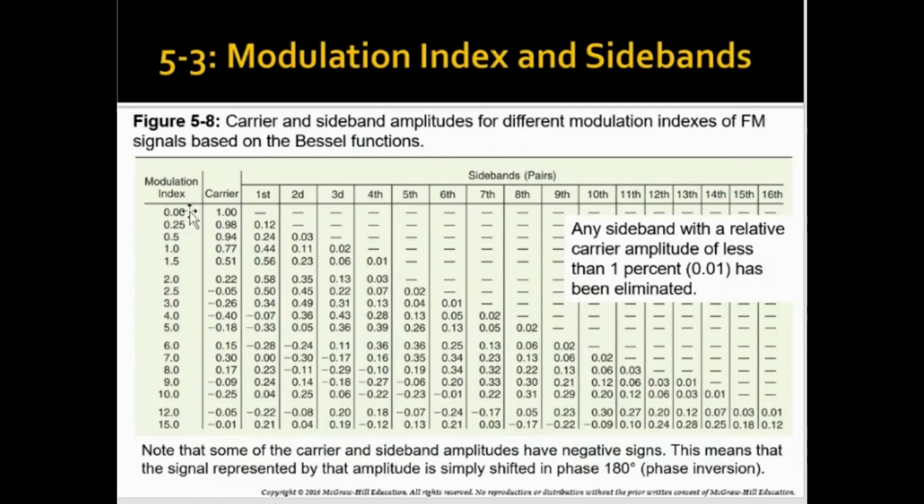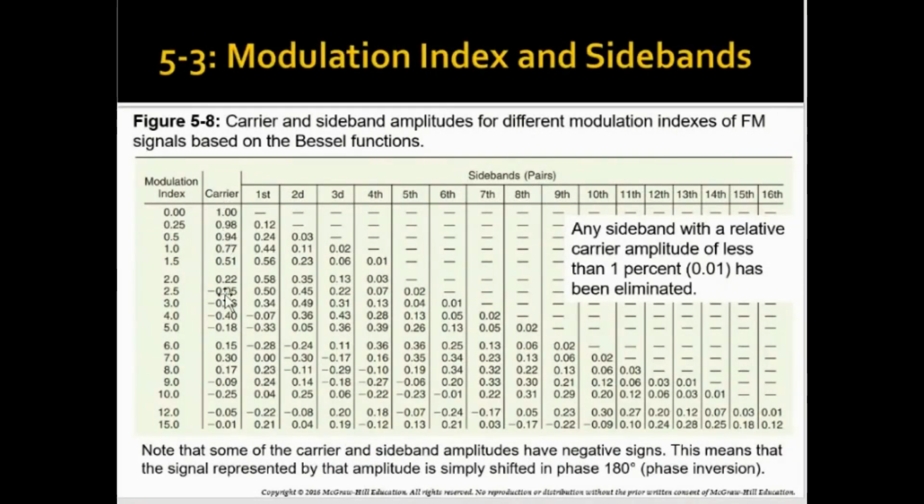So your modulation index keeps increasing from 0 to higher values. Then the second column is your carrier. The other columns show the sidebands.